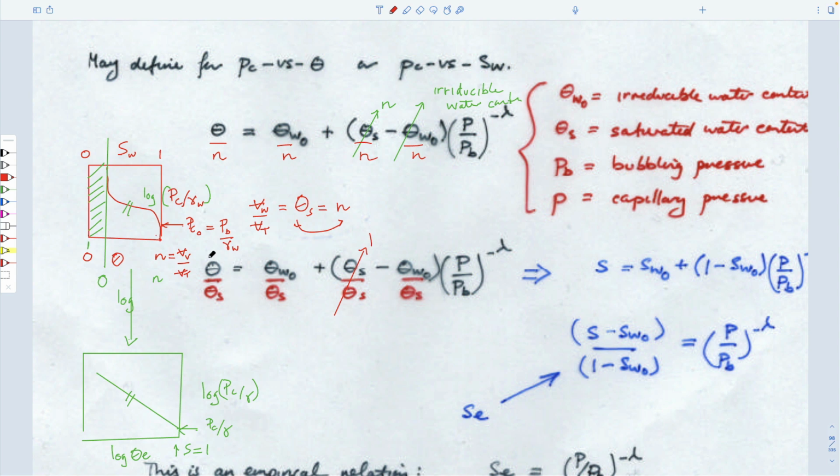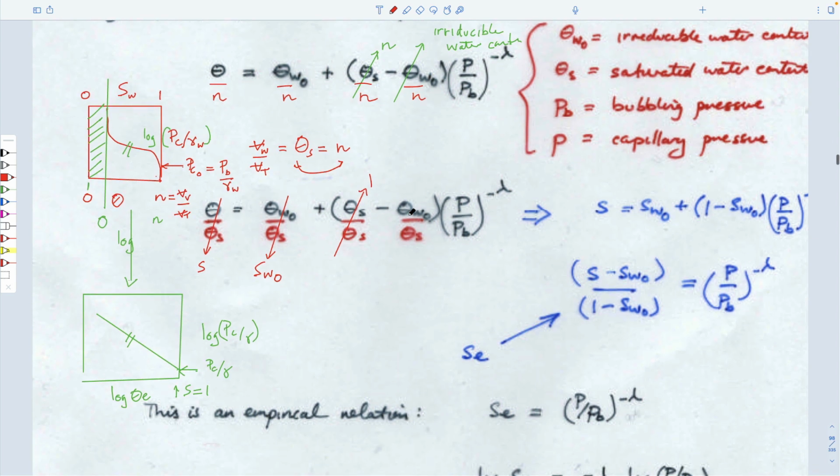These terms all end up being saturations, right? The proportion of moisture in it relative to its saturated proportion is just equal to the saturation. This is equal to SW0, and this is also equal to SW0.